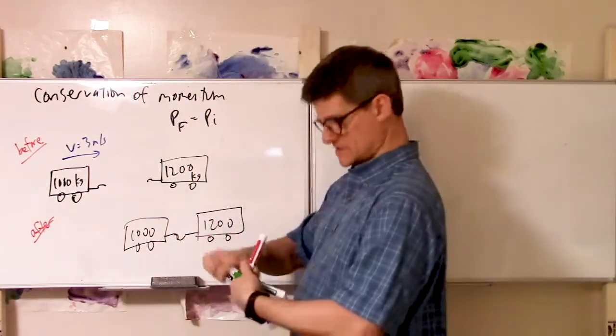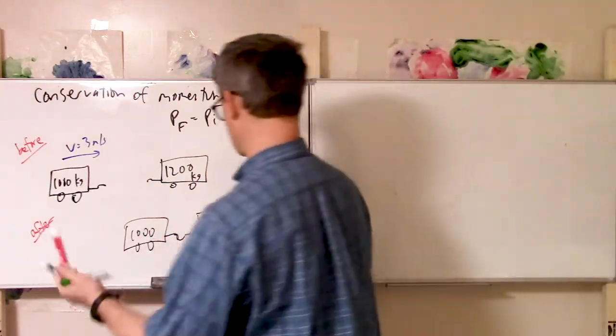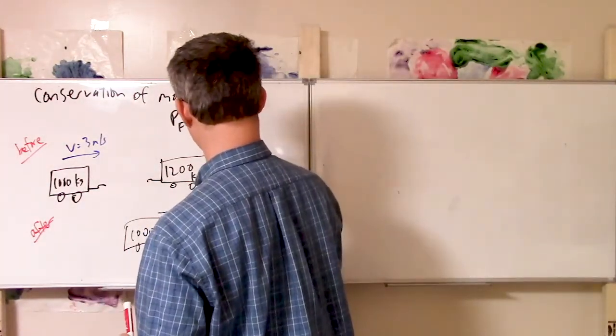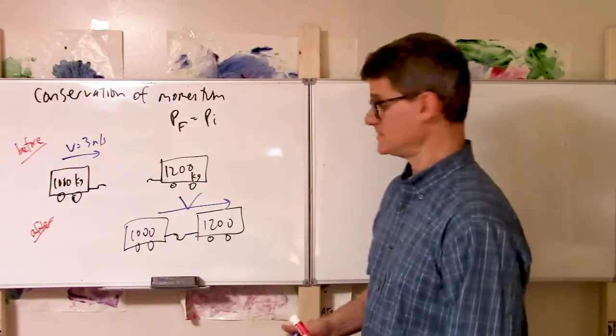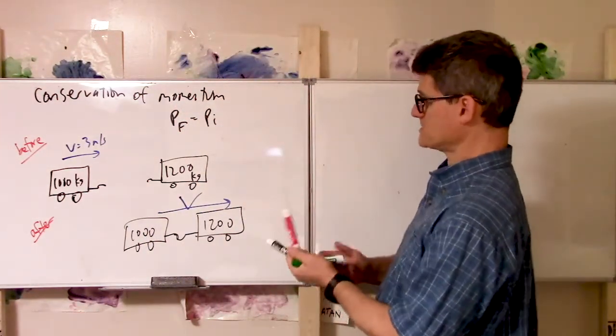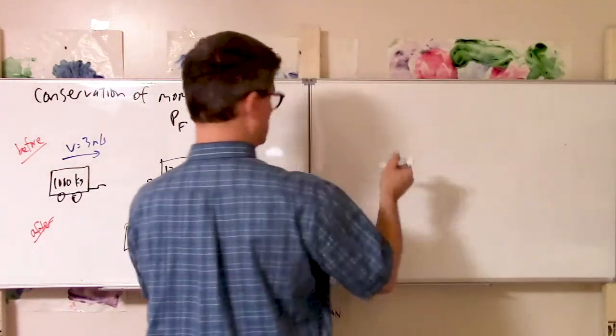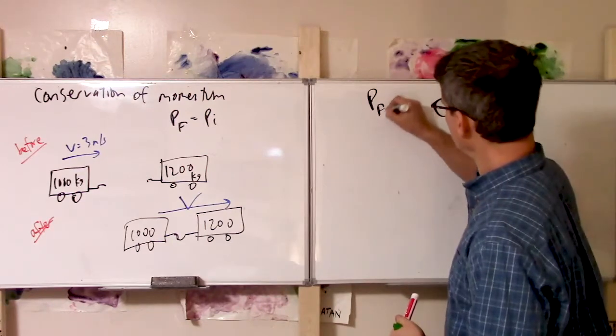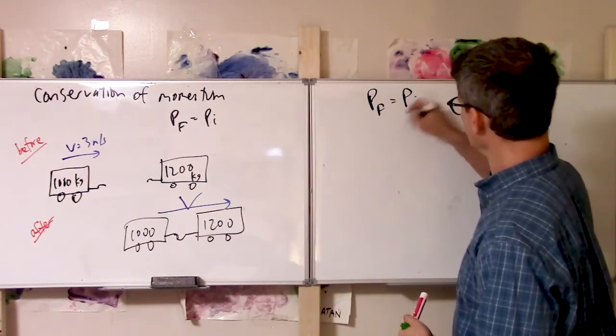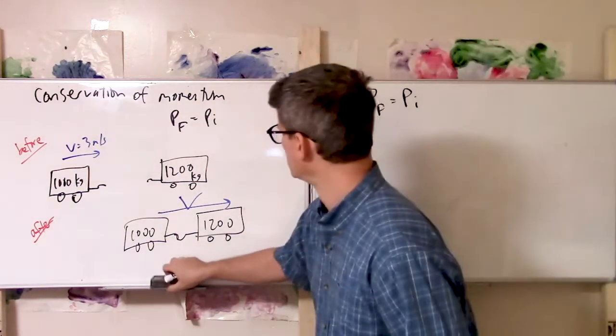Because they're connected together, they're moving at the same final velocity. And what is v? That's the question. All right, so basically, to solve it, we just say P final equals P initial.